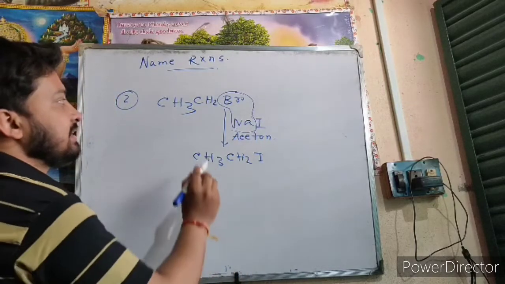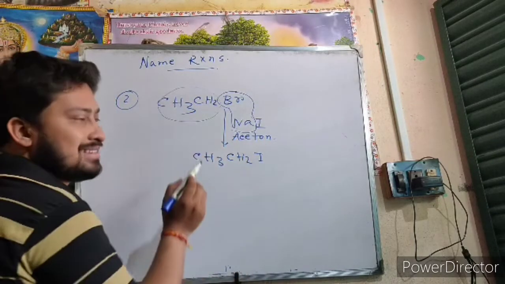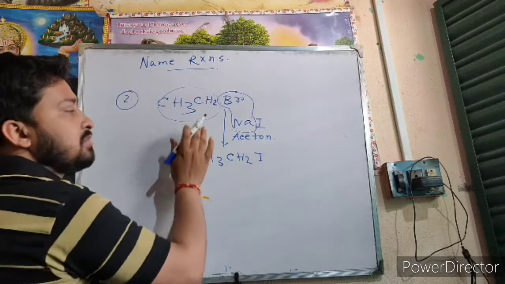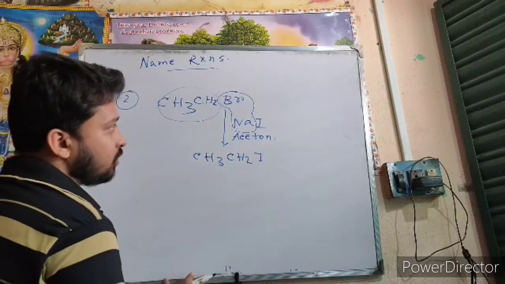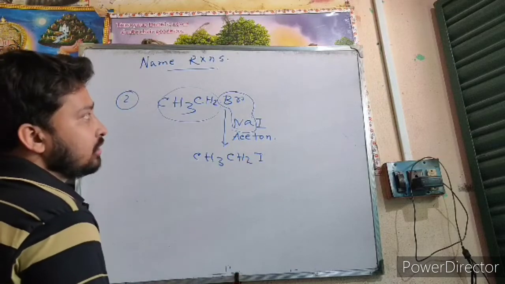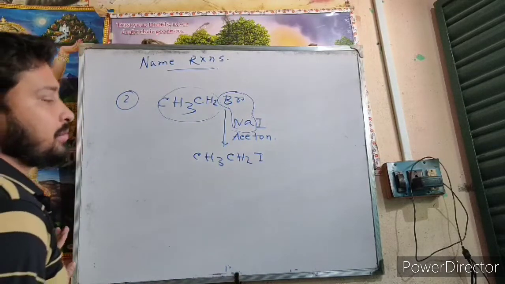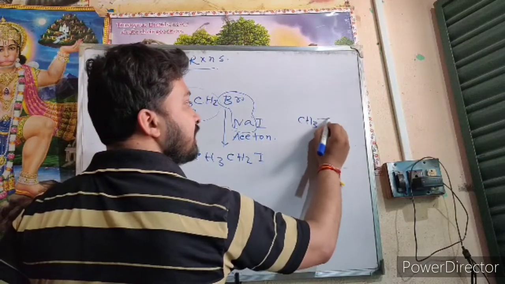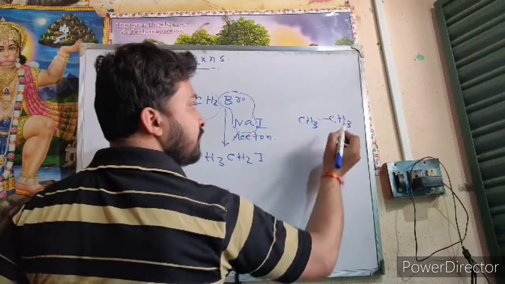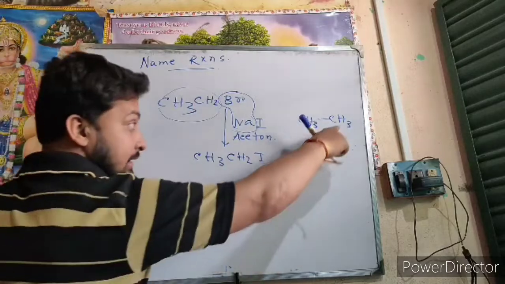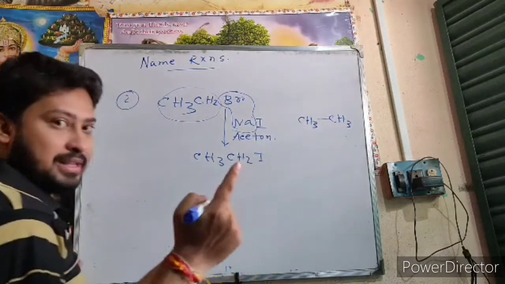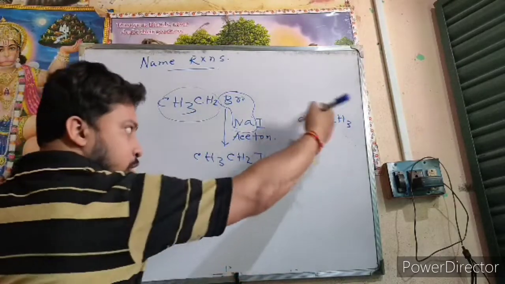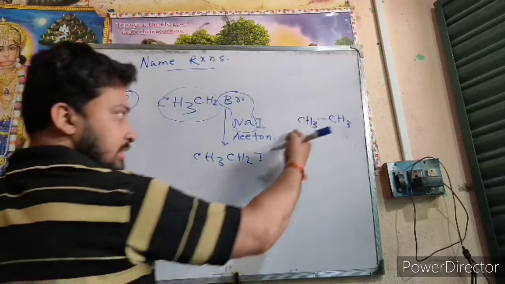It is not essential that you take only CH3CH2. There may be any bulky group or any alkyl group. Do you know about alkyl? CH3CH3 is an alkane, ethane, with a single bond between the carbons.